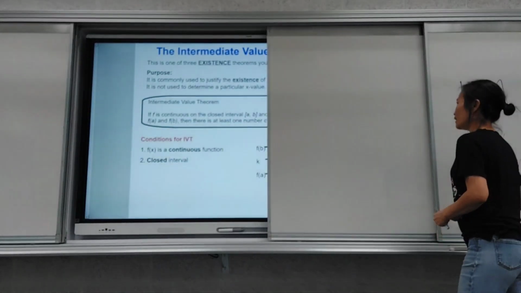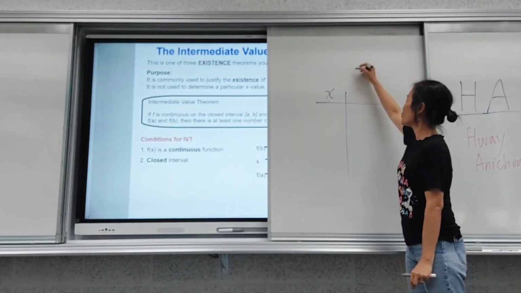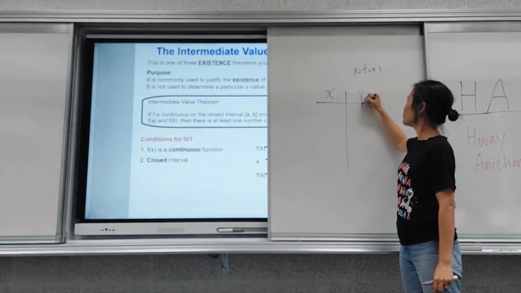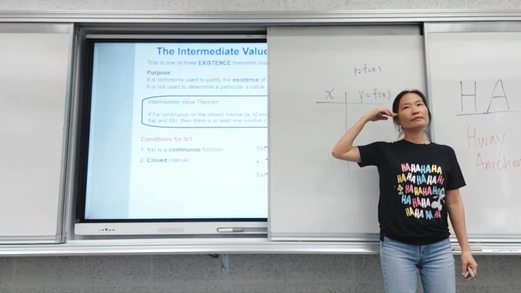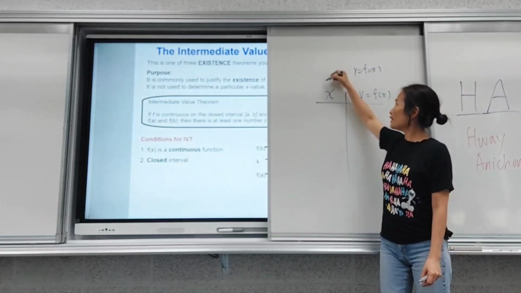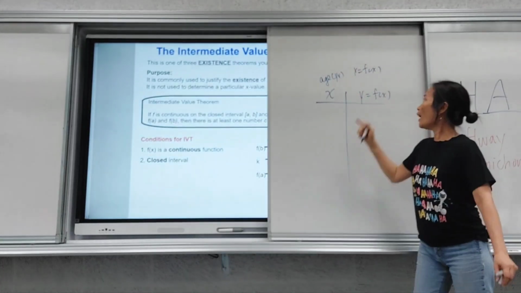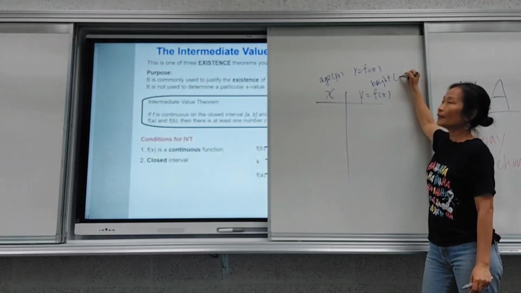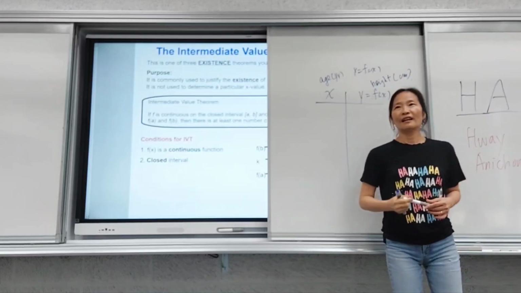So basically, this is the input value x in your function, f of x. This is the output value, the y value. I'm going to give you a scenario where x is somebody's age in years, and y is somebody's height in centimeters.